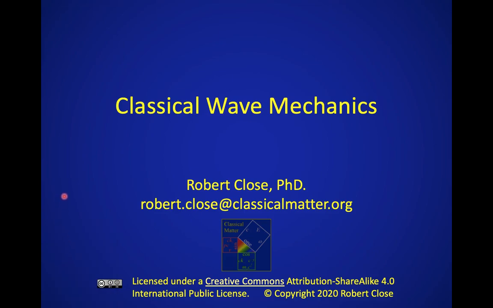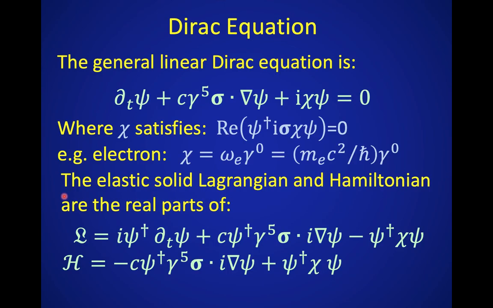This is part 3 of the lecture on classical wave mechanics. The Dirac equation we've shown can describe waves in an elastic solid, and the equivalent equation describes elementary particles that are fermions, such as an electron.